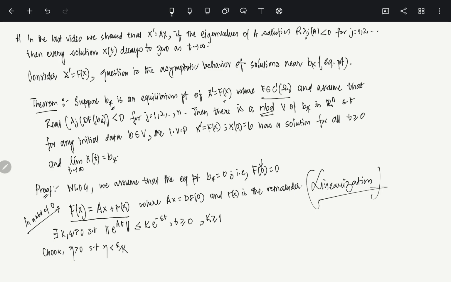So we choose eta greater than 0 such that eta is less than epsilon by k. This is just some technical issue. And r is there, right? What is the property of r?